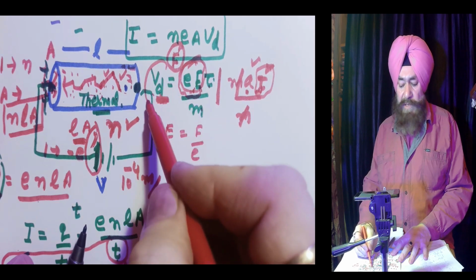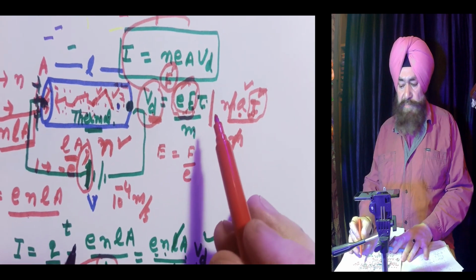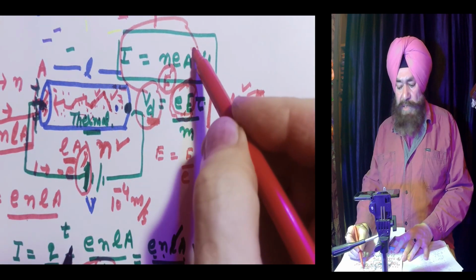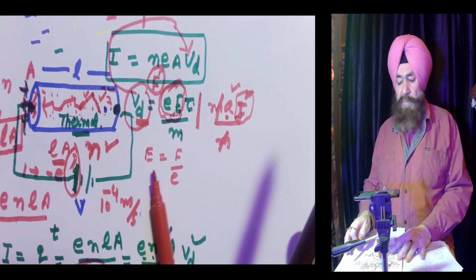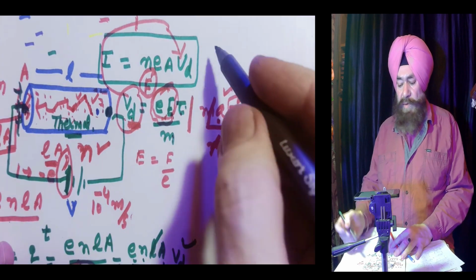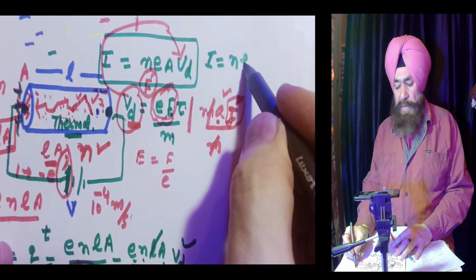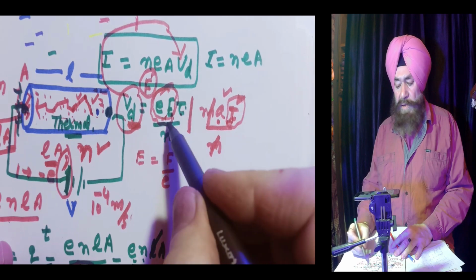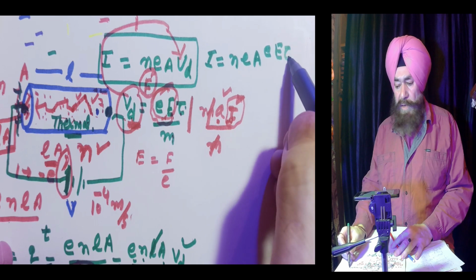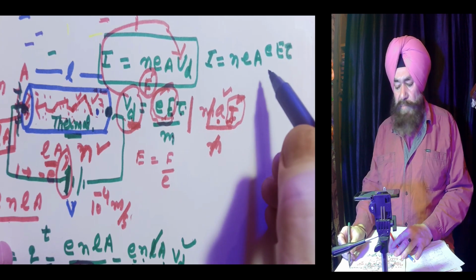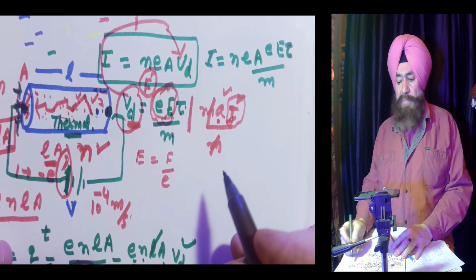Now I'm substituting the drift velocity in this expression. So the current becomes I equals N e A Vd, which means N e A into e E tau upon m.